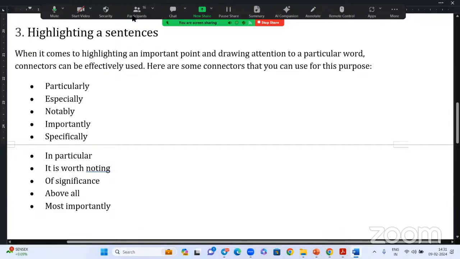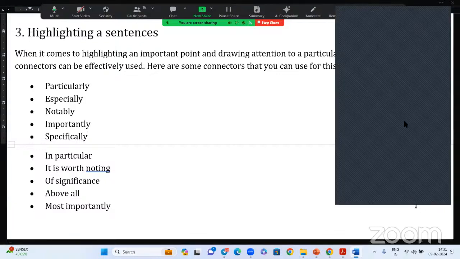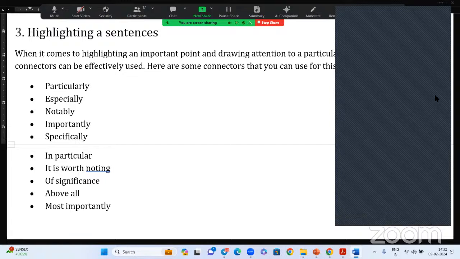Take any one word and write one sentence using it.